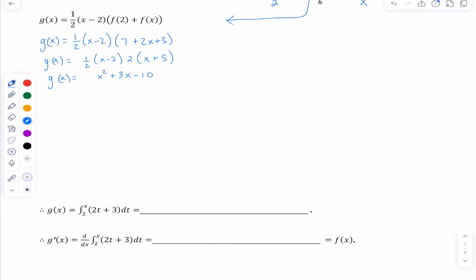So we have g of x is accumulated, and it's a function of x.